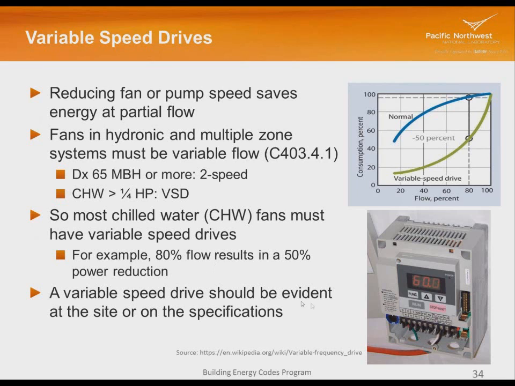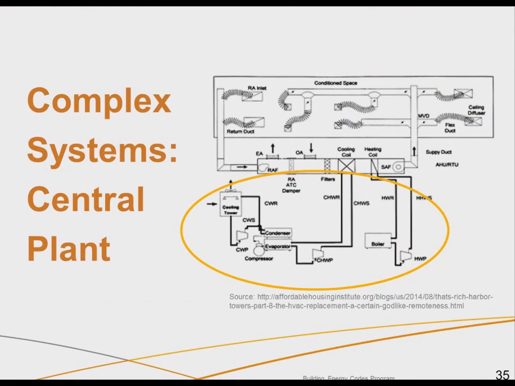A variable speed drive or a multi-speed motor should be evident at the site. You're going to see something like this connected to the fan, or in the specifications or drawings, there should be information saying a particular fan is variable speed.